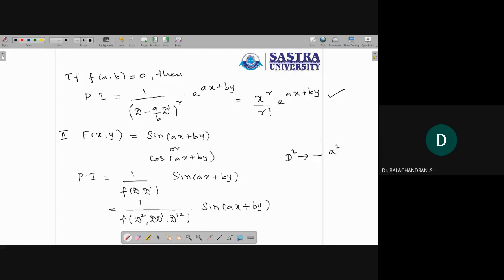Actually, you don't write it like that, so this is incorrect. Minus square is only for a.